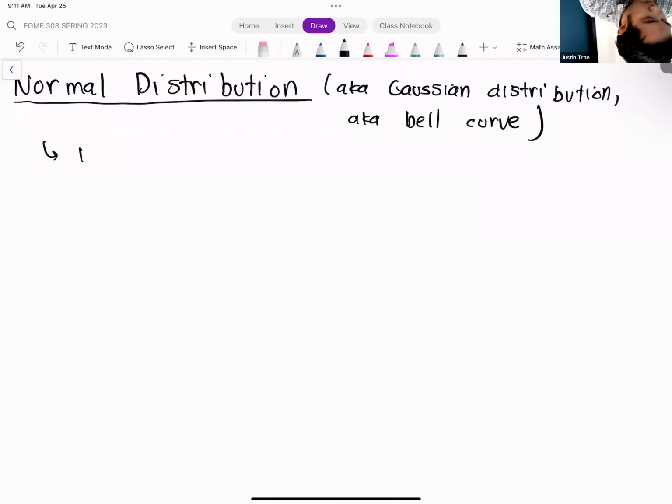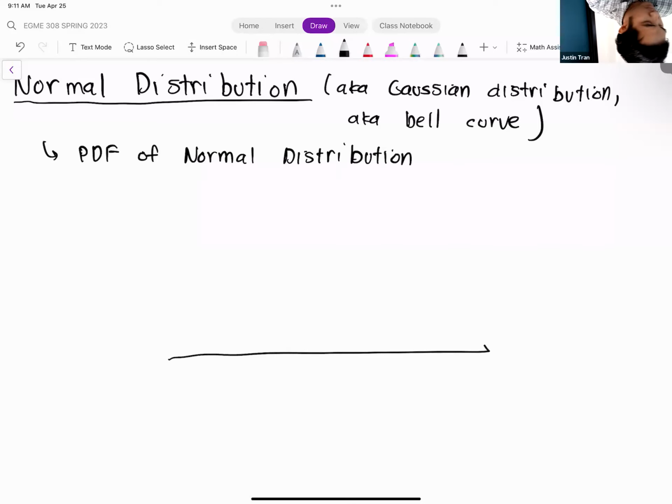So let's look at the PDF of the normal distribution. And so it looks like the following.